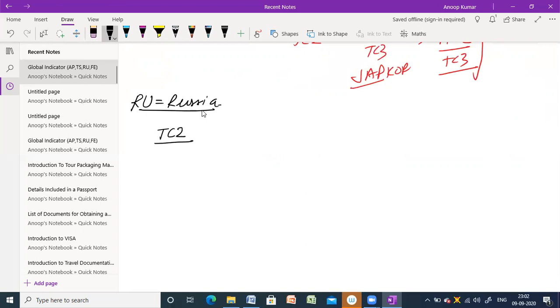Originate or terminate point must be Russia in Europe. In this particular case, the originating or terminating point must be Russia in Europe.